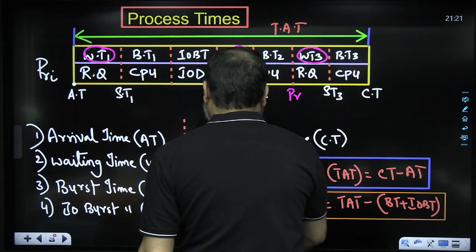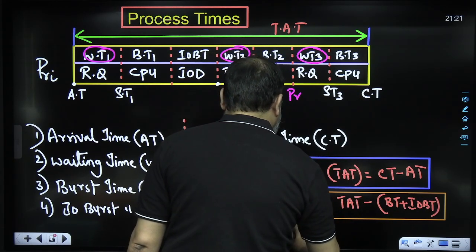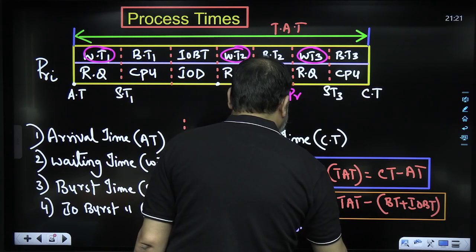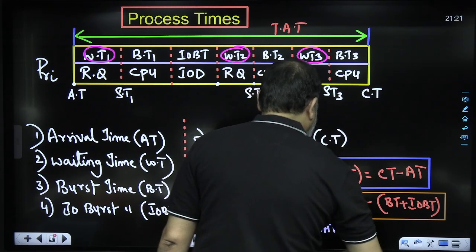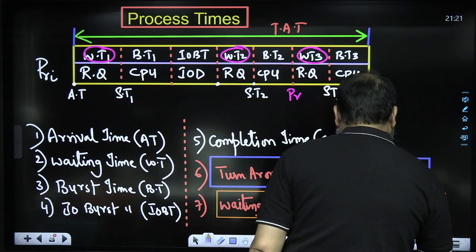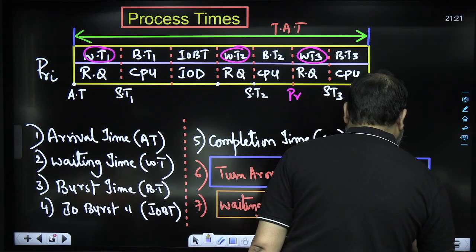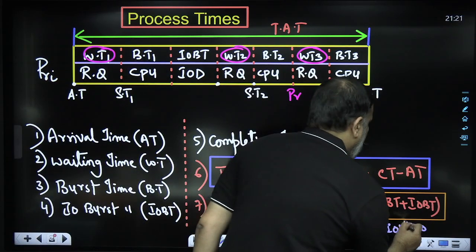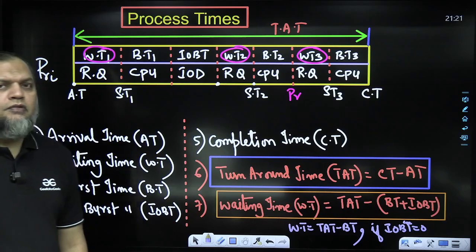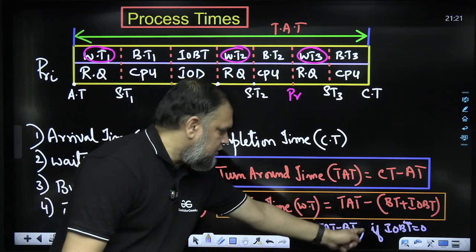As a consequence, I can say that waiting time is equal to turnaround time minus burst time, provided the IO burst time is equal to 0. In case the process doesn't have IO burst time, if the IO burst time is 0, then the formula becomes turnaround time minus burst time.